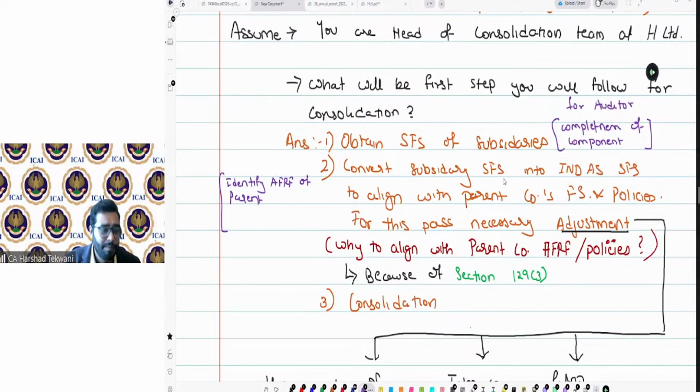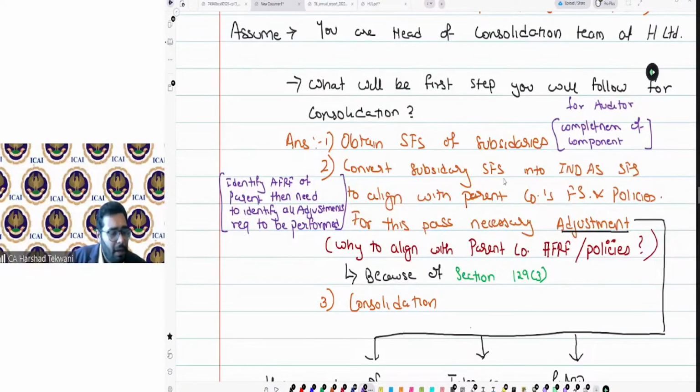Remember SA 600? So I first need to identify the applicable financial reporting framework of the parent, then identify all adjustments required to be performed. So I need to understand which adjustments are required to be performed by management. Then only I can check whether all adjustments have been performed or not.